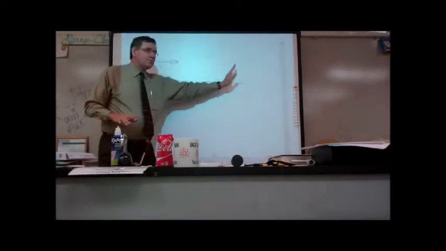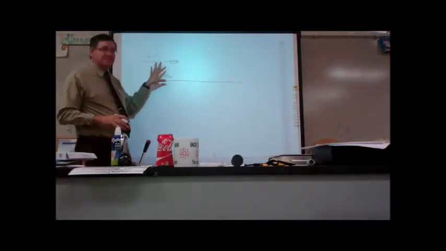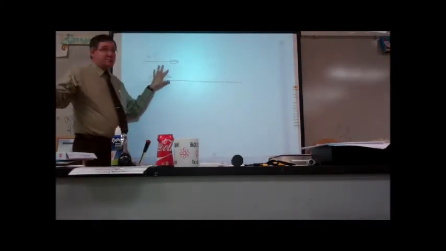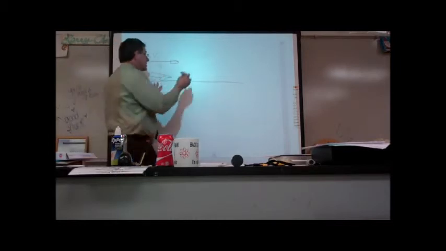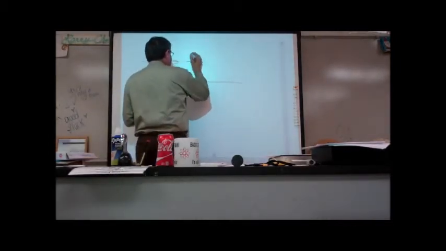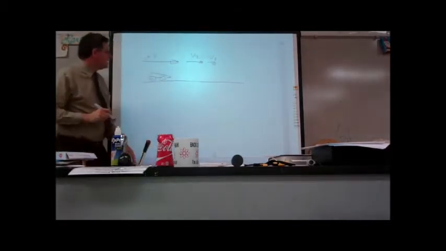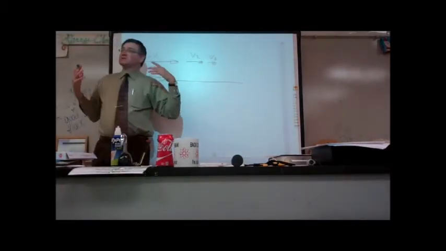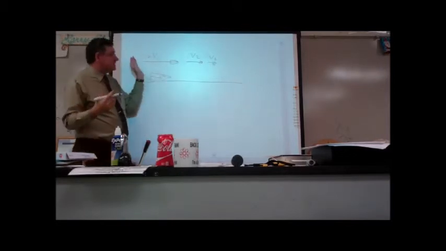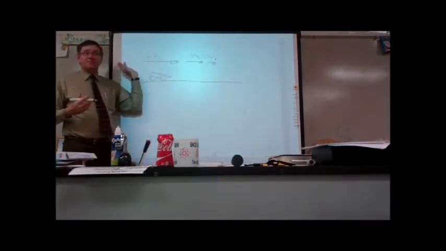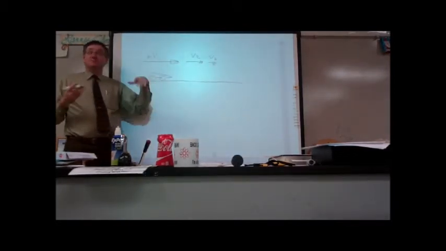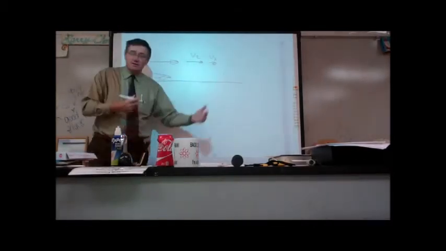So as this car moves along, what's going to happen to this vector? It's either going to get bigger or it's going to get smaller. It's going to get smaller, right? So maybe have this as V2, maybe have this as V3. Now, which direction is my acceleration vector pointing? It's either in the same direction or it's in the opposite direction. Opposite, because that's what's making it slow down.